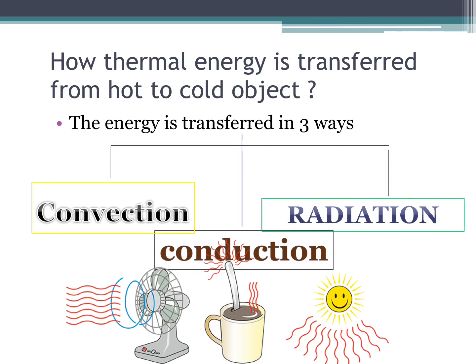You can also say convection is the transfer of thermal energy by the movement of liquid or gas. The final one is radiation. What is radiation? Radiation is the transfer of energy as electromagnetic waves, like visible light and infrared waves.